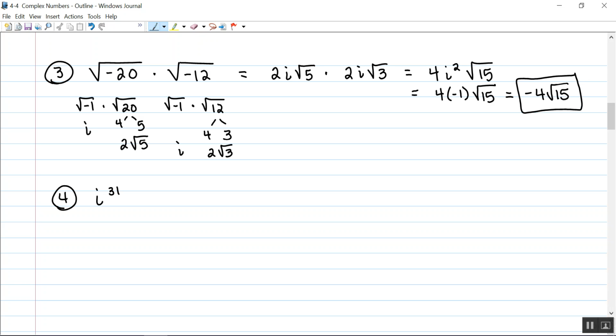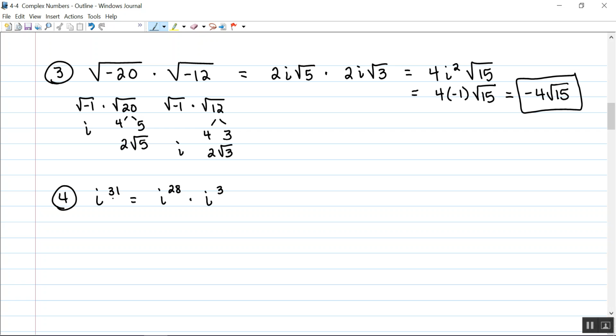Example number 4 has i raised to the power of 31. Now I really don't want to sit and figure that out. But remember what I said, that i raised to the 4th power, or i raised to any multiple of 4th power, is equal to 1. So I can rewrite this as i to the 28th power, because 28 is a multiple of 4, times i to the 3rd power.